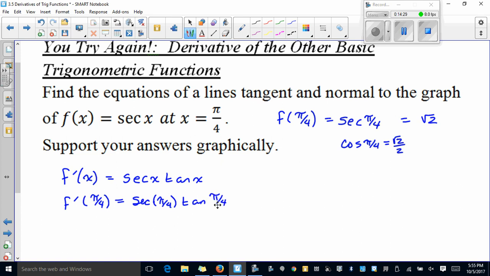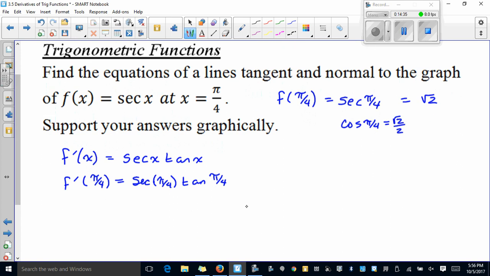And because our numbers are actually nice, I'm going to just go ahead and use them. But we haven't finished this one. Secant at pi over 4, we already did it. It's radical 2. And tangent at pi over 4 is 1.